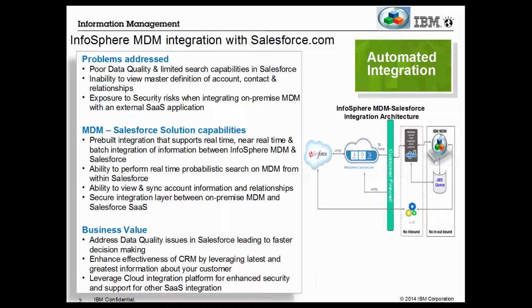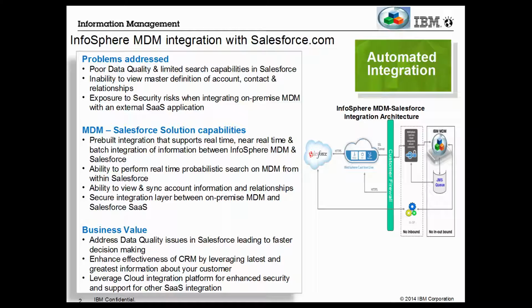In terms of capabilities, the IBM solution comes with a pre-built integration that supports real-time, near real-time, and batch mode of integration. Users on Salesforce will be able to fire a real-time probabilistic search on MDM to retrieve all records that match the search criteria, in a way that handles errors related to typing mistakes and various synonyms.